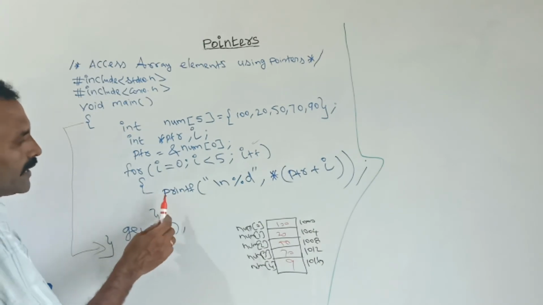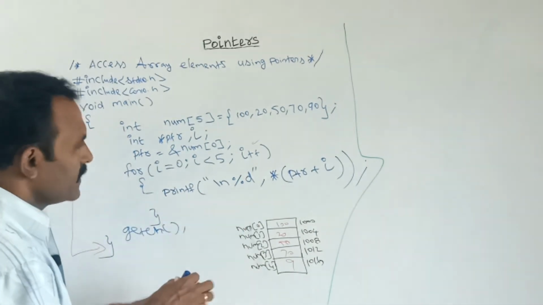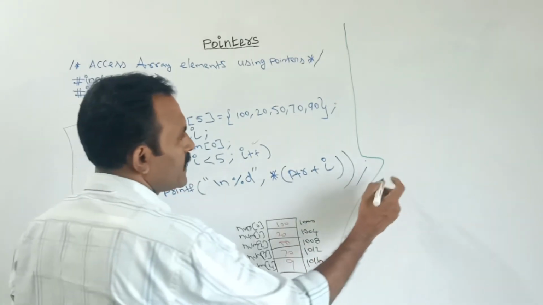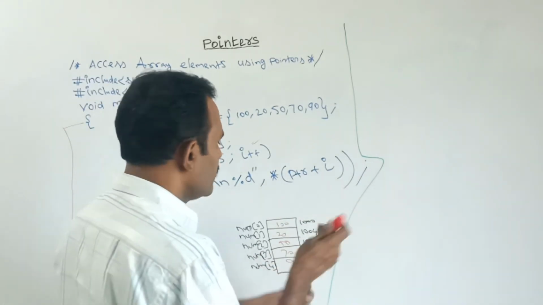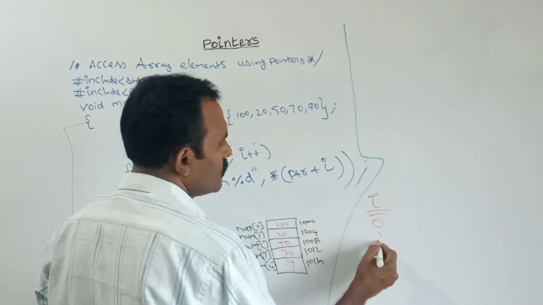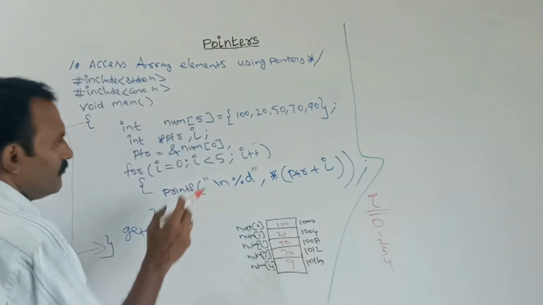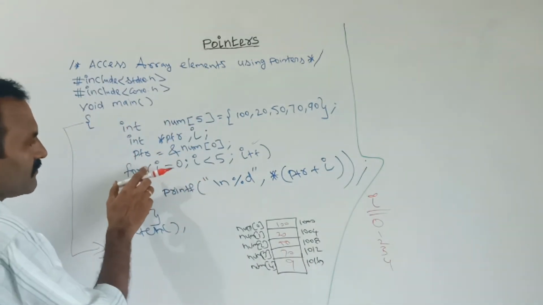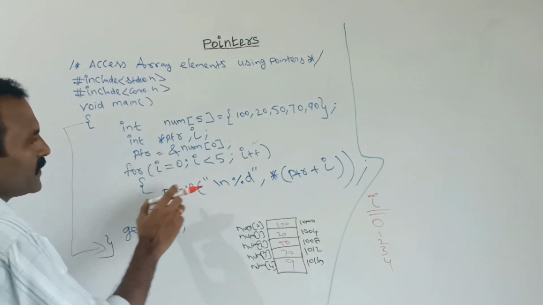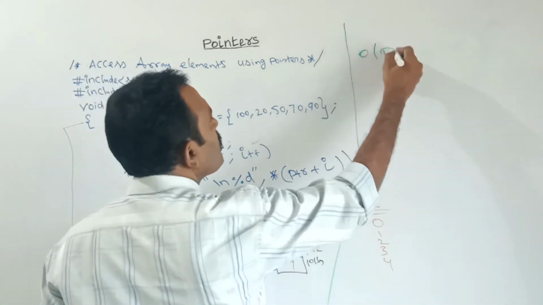I am telling it to print, and in the output it will print like this. For each and every iteration, the I value starts from the 0th position up to the 4th position. So in the first iteration, when I is equal to 0, this is the output.